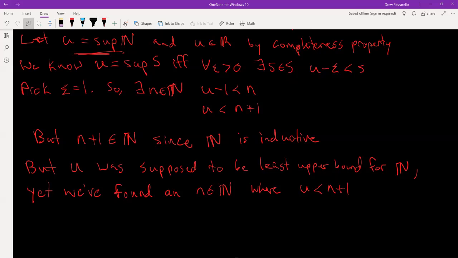So that contradicts U being an upper bound, and n plus 1 is an element of the natural numbers since the natural numbers are inductive. So this contradicts U being an upper bound.